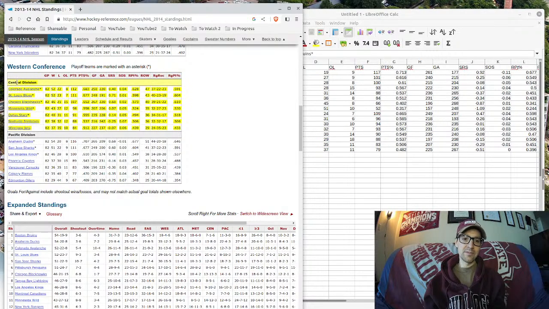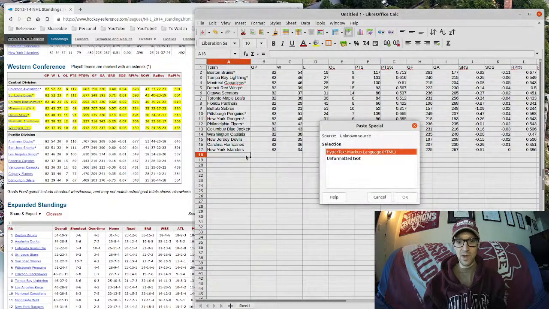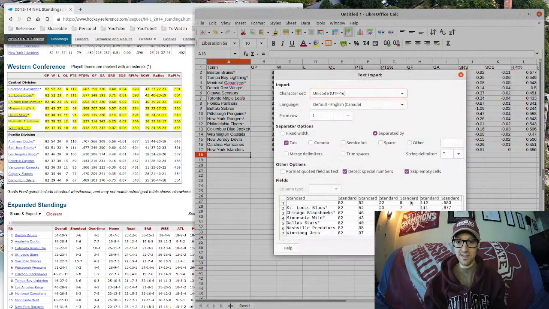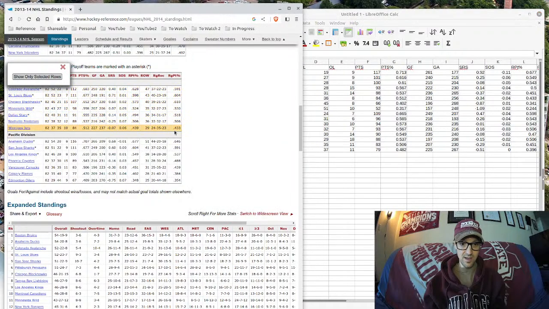Of course, the one problem in theory is, is hockeyreference.com reputable enough to have accurate statistics? I mean, I missed a cell there. That's kind of the question, the problem.